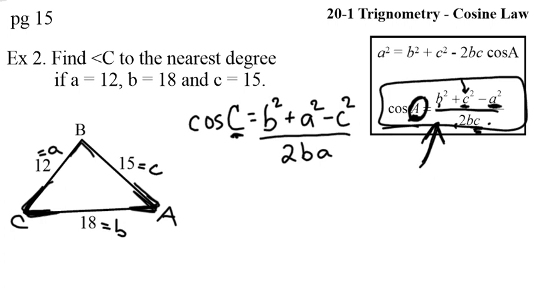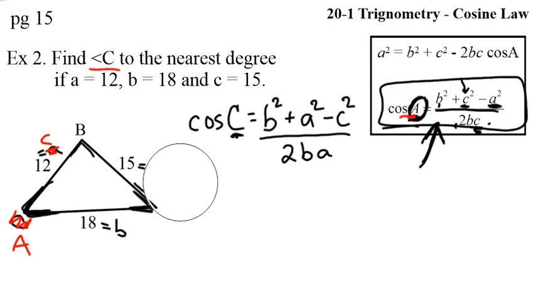The other possibility, like I said, if you prefer, is to change your labeling. If you're trying to find angle C, well, I'm going to call it A because that's what my formula finds. So that would be side A. B is still okay, but I can't have angle A anymore. I need that to be C, so this is going to be C. So I could relabel my triangle.